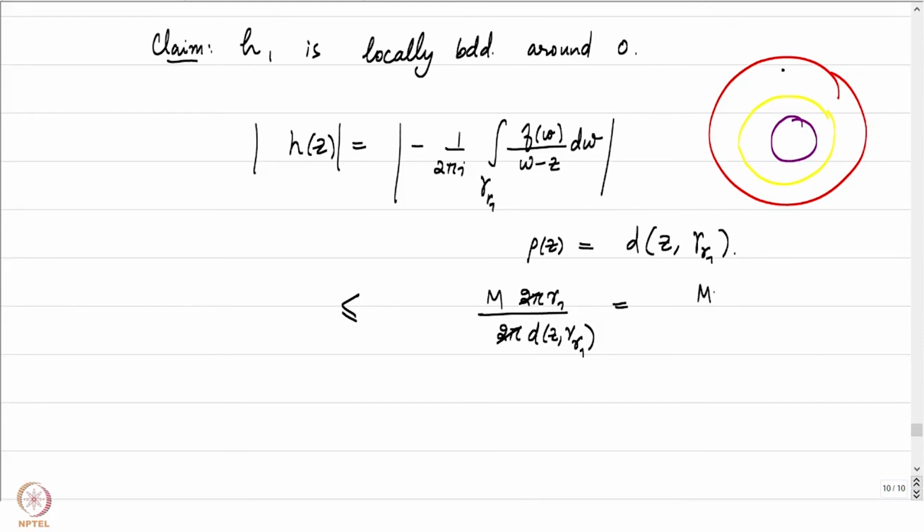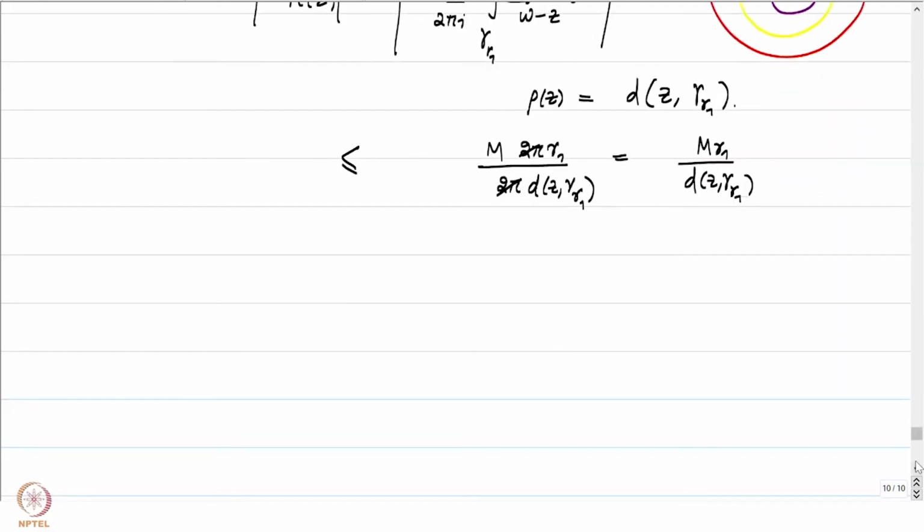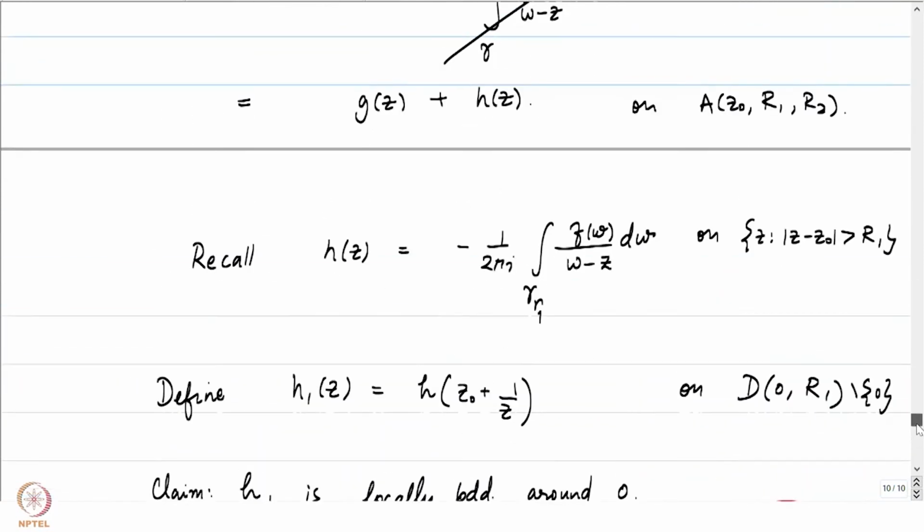This is just M r1 by the distance of z to gamma r1. And therefore, when mod z is made large, we can arrange for this distance to be as large as we want. So let me just get back to our h1.